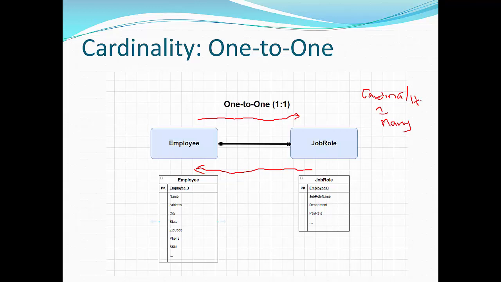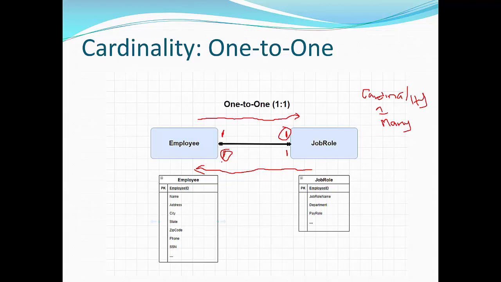So in this case, we've been told that one employee can have one job role. All right, so what about job role to employee? Again, one job role can be associated to one employee, right? And we said yesterday that on both sides, we take the largest. All right, so that's how we get to our one-to-one cardinality.